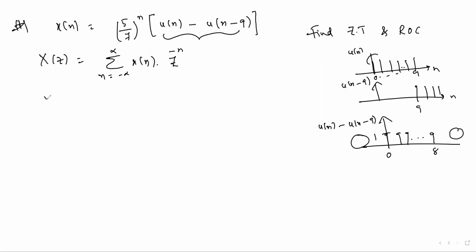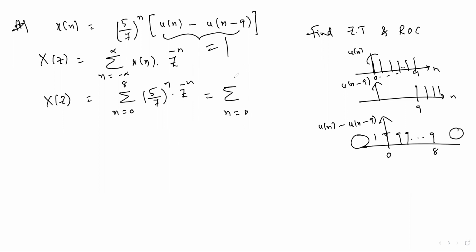Then this limit we can modify: n value 0 to 8. Within that limit 0 to 8, the function will be 1. The remaining function is 5/7 whole to the power of n z raised to minus n. Further, we can write it as the sum for n is 0 to 8 of 5 z inverse by 7 whole to the power of n.